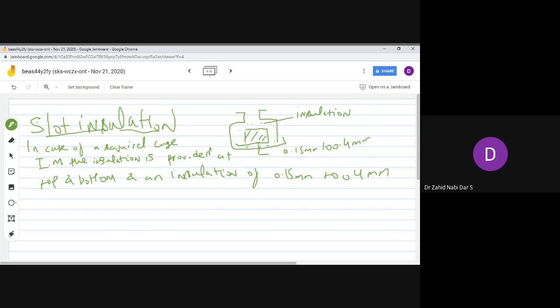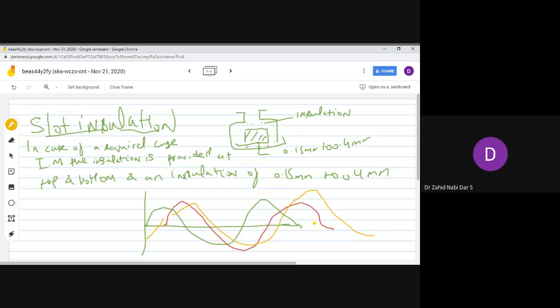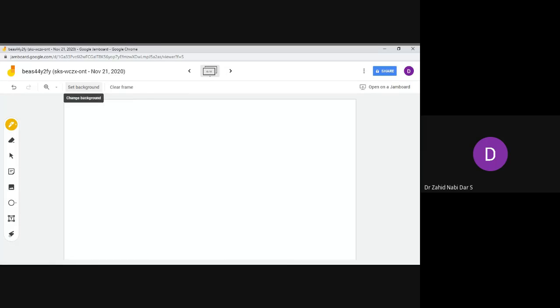You have one phase, another phase after an interval of 120 degrees, and similarly another phase here. It's not exact, but it is a 120 degree interval. So you have these three phases.